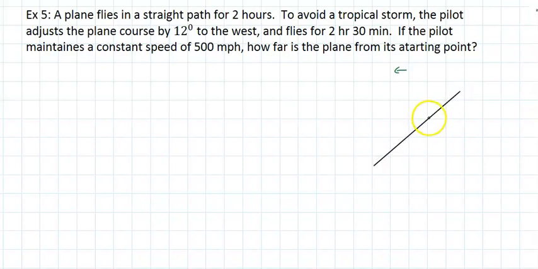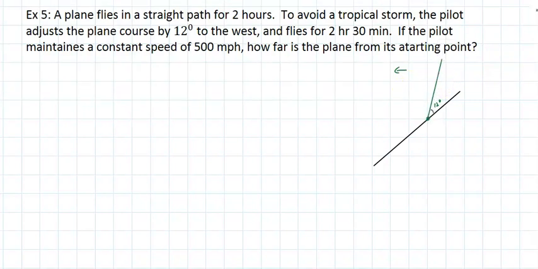At a point, they run 12 degrees to the west. So now that heading is in this direction. Much better. And flies for 2.5 hours, so this line is a bit longer. Again, it doesn't have to be to scale, but just so we can see it better.